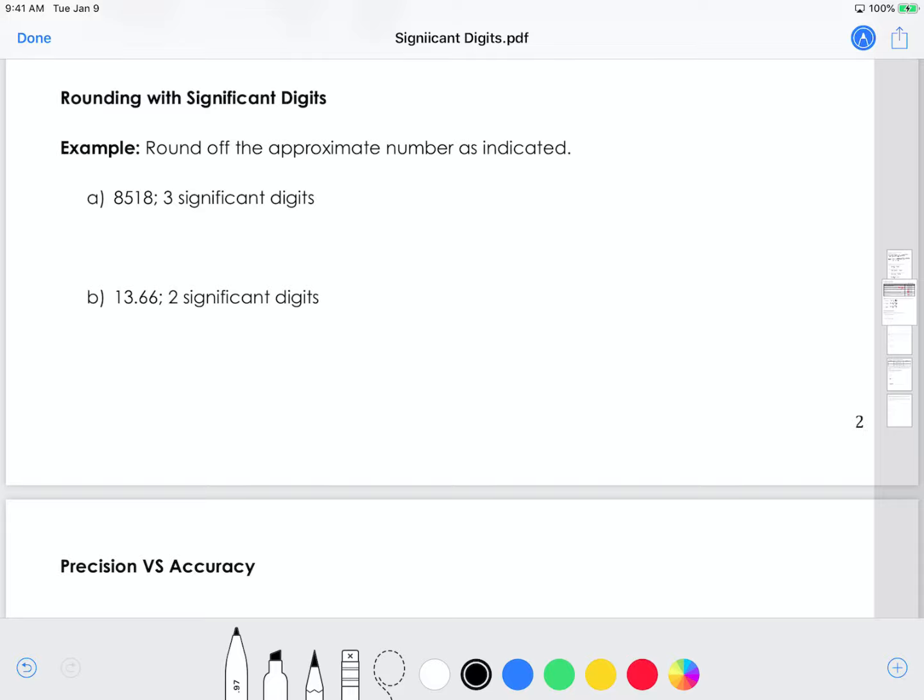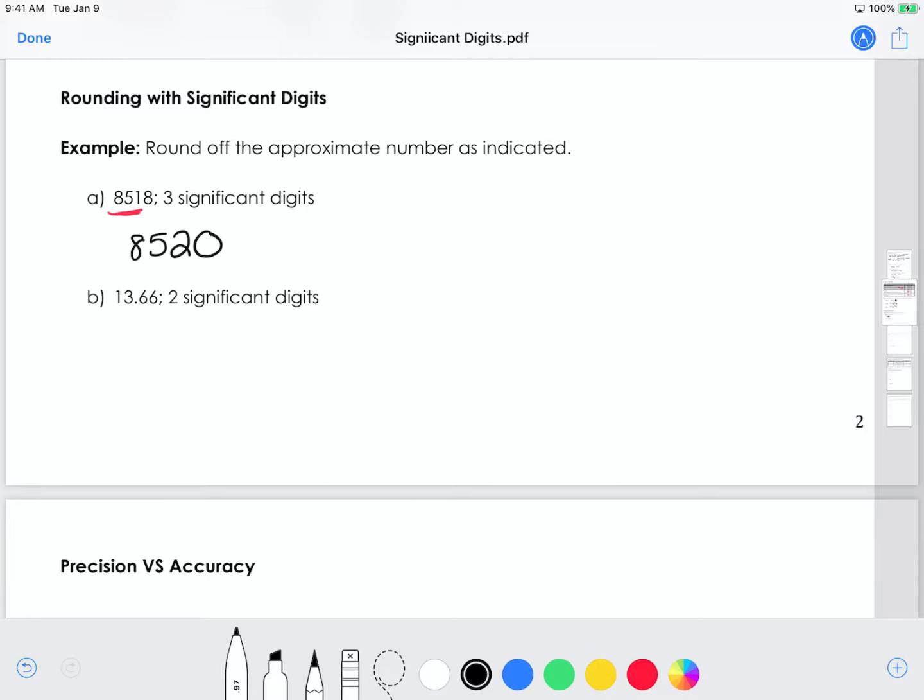Okay, in the next couple examples, I'm going to show you how to round with significant digits. So in part A, it says take 8518 and round to 3 significant digits. So since we want 3 significant digits, we're going to look at the first 3 numbers, and we're going to round that to 8520.